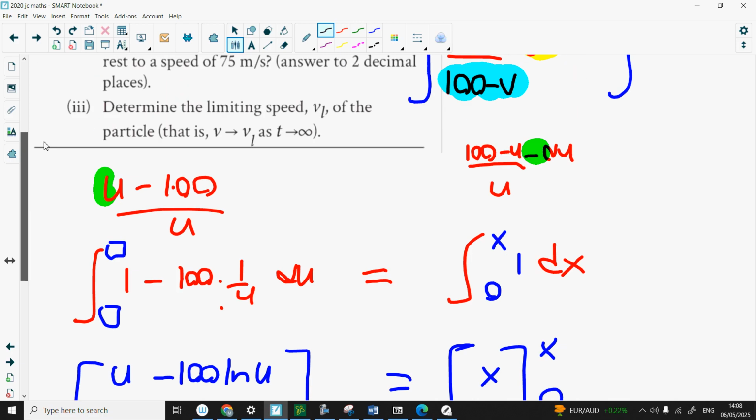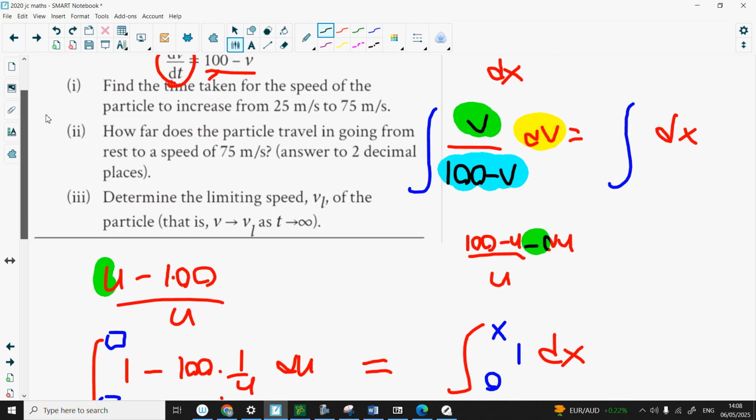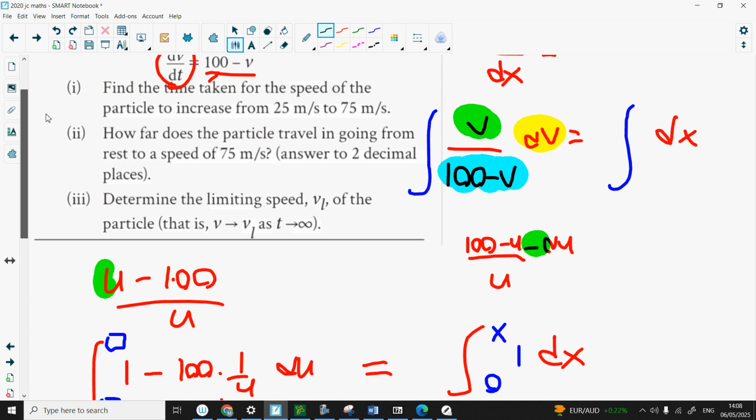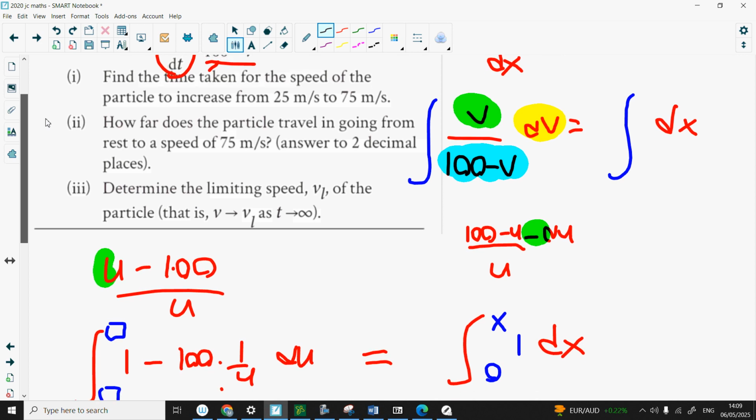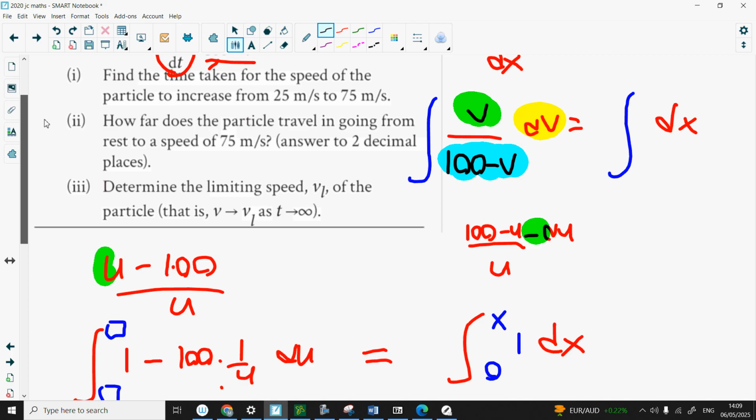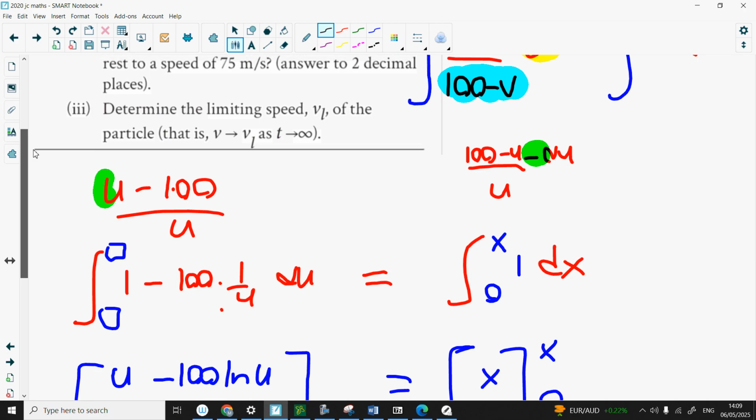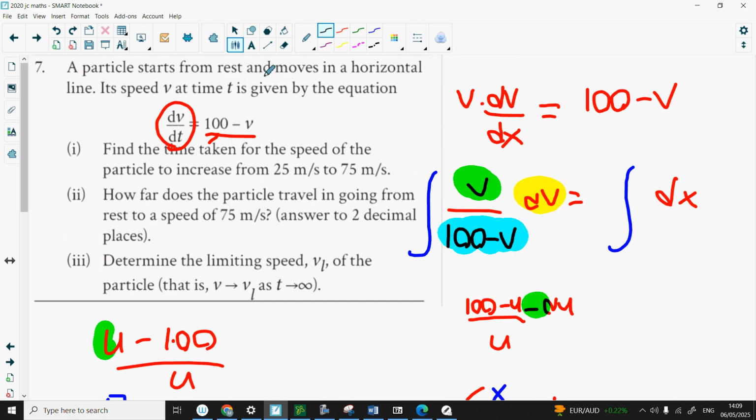Now part 3. Determine the limiting speeds, that is the speed as t approaches infinity. Okay, now we're going to go back to part 1. Part 1 was all about the v and the t. Remember we did that earlier?